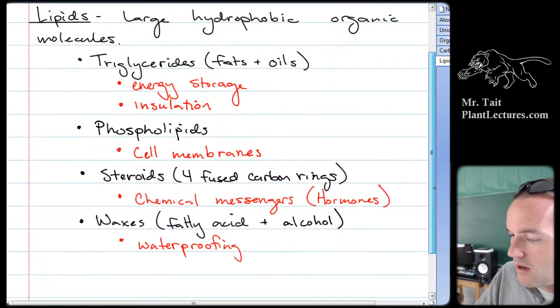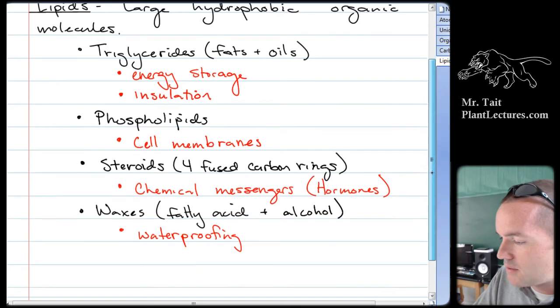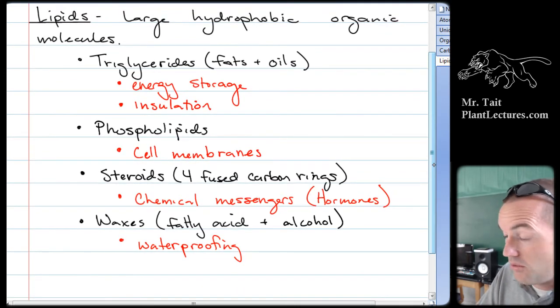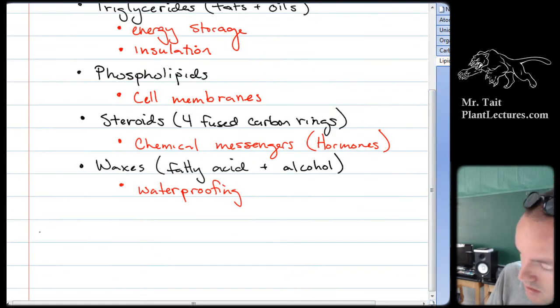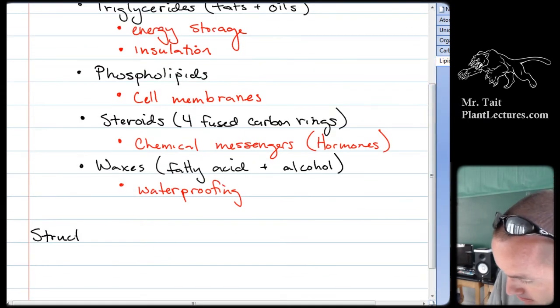But we're going to go through and talk about in much more detail the triglycerides and the phospholipids because they are the ones that tend to be most important for the biology that we're going to learn about in this class. Okay, so we're going to do structure of triglycerides.